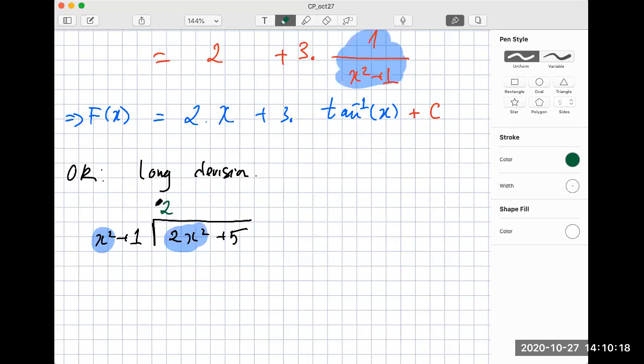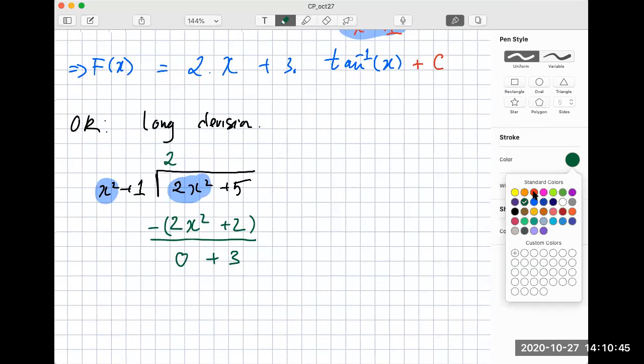Then we FOIL it here, gives us 2x squared and 2. Then we subtract, right? 2x squared subtract 2x squared gives us 0. And 5 subtract 2 gives us 3. And we see that 3 is a remainder.